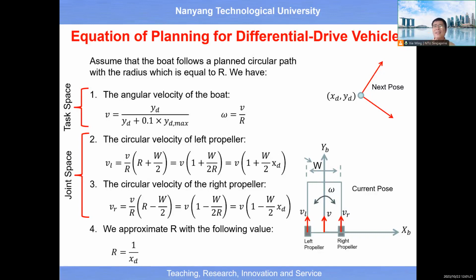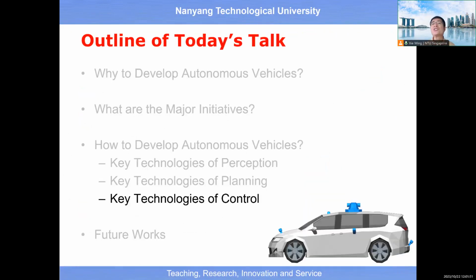You can easily verify that when YD equals 0, then V equals 0. You can also easily verify that when XD equals 0, then omega, the angular velocity, will also equal 0, because when XD equals 0, R will equal infinity, then omega equals 0. So this is a solution proposed by us for the incremental planning of a differential drive vehicle.